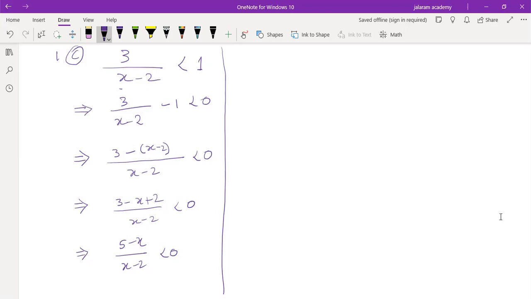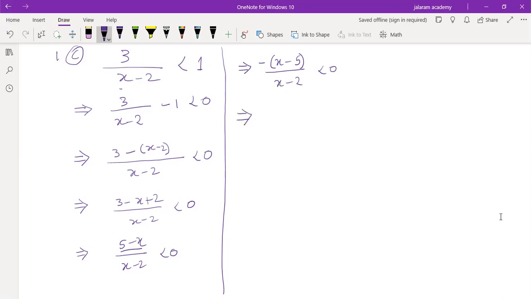Okay. Now first make it in such a way that x must always be the first term. So to make x the first term, we have to take minus common from the numerator. So this 5 minus x becomes x minus 5. Is that clear to everyone? When we take minus common from the numerator, it is minus 5 plus x, and we write the positive number first, so x minus 5.